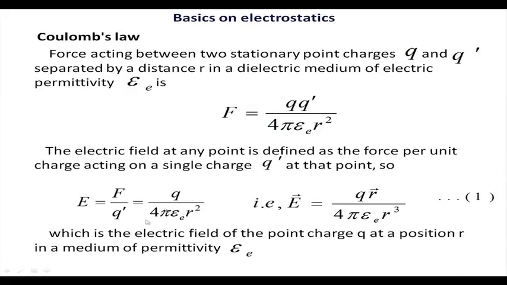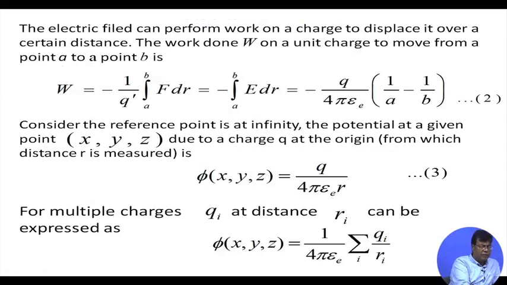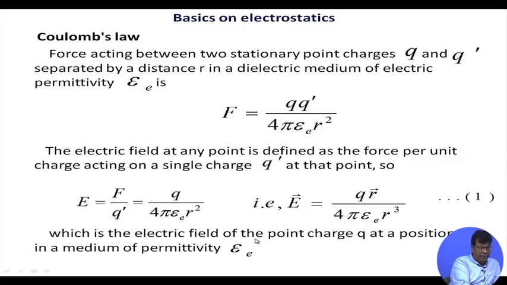Now, we define the electric field at any point as the force per unit charge at that point. If I consider q at the origin, the electric field can be written as this force per unit charge, which I can write in vector form by taking the radial vector r, as in equation 1. Here epsilon e is defined as the permittivity of the medium.